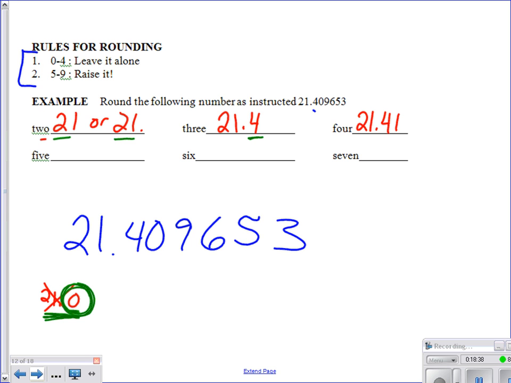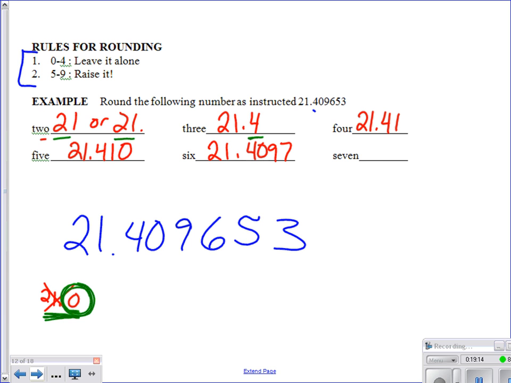21.41. Okay. Now I'm going to cover up everything but 6 of these guys. So I see 21.4096. Rounding it to 5, it becomes 21.410. Okay. So that 6 rounded the 9 up, which rounded that 1 up. Okay, 6 significant figures. Wait, I can't count. Hold on. 1, 2, 3, 4, 5, 6, 7. So I'm showing everything up to the 5. If I round that to 6 significant figures, it becomes 21.4097.